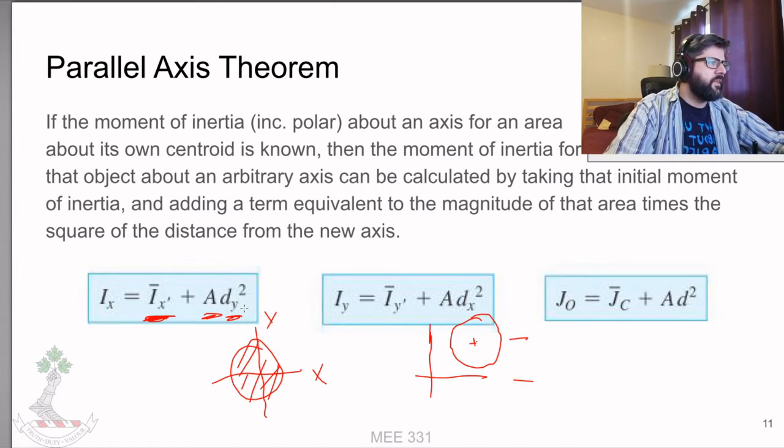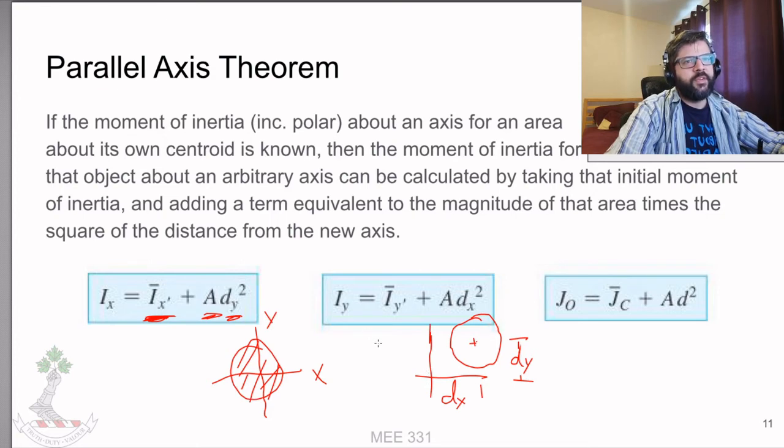So in this instance, dy would be here. So distance y, distance x would be here. So shifting left, shifting upward, same deal as if you shift downwards, or shifting right, shifting upward, same deal as if you shift downwards. Same deal as if you shift rightwards, because again, that term there is squared.